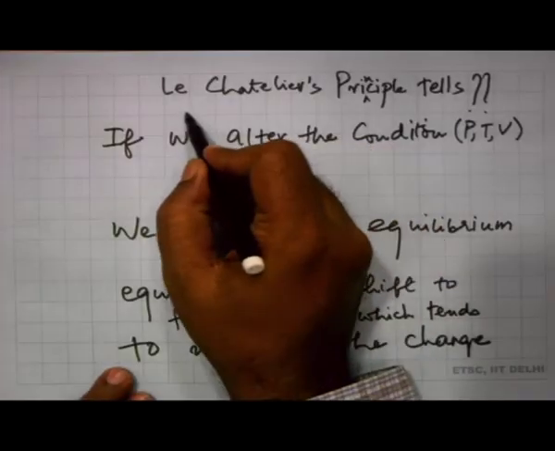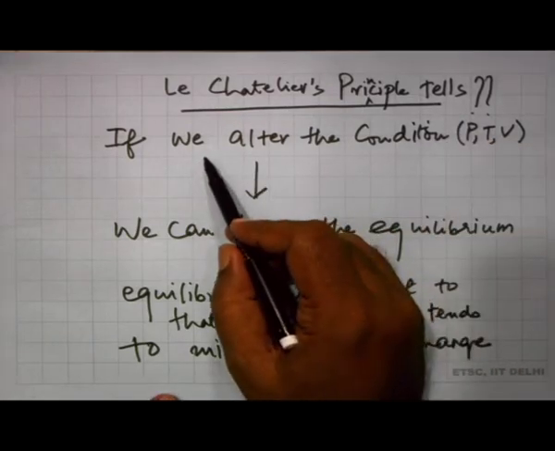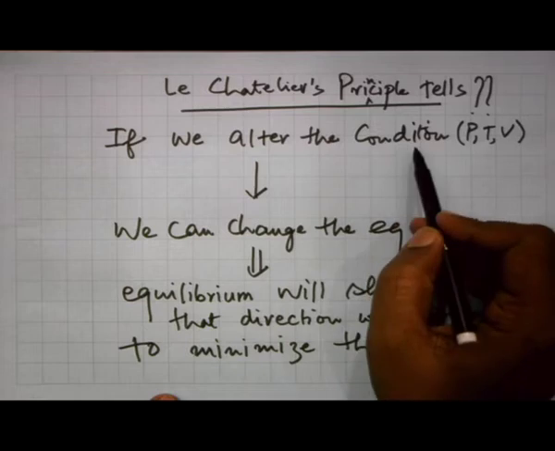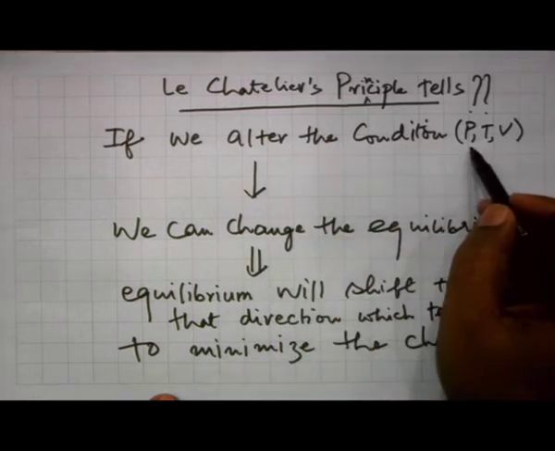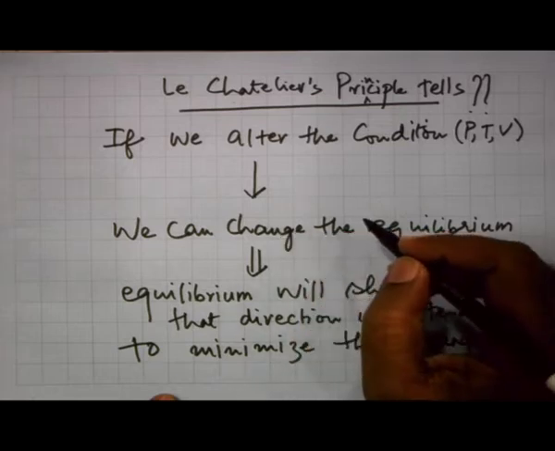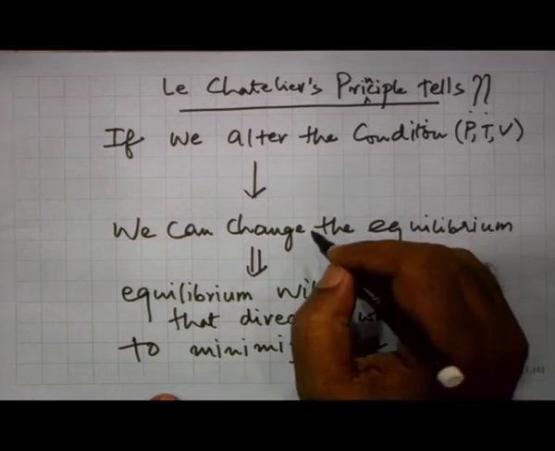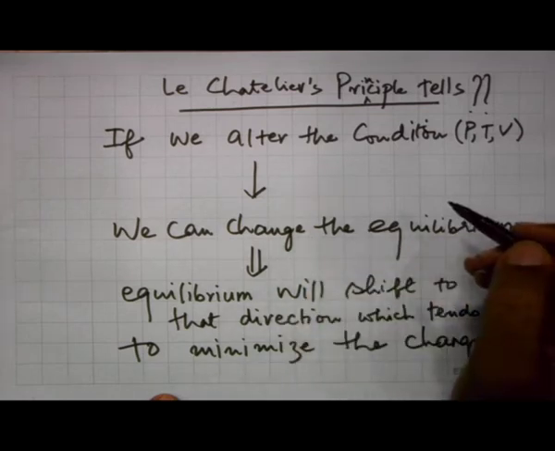What does Le-Chatelier's principle tell you? If we alter conditions, for example pressure, temperature or volume, we disturb the equilibrium, and finally a new equilibrium will be established.